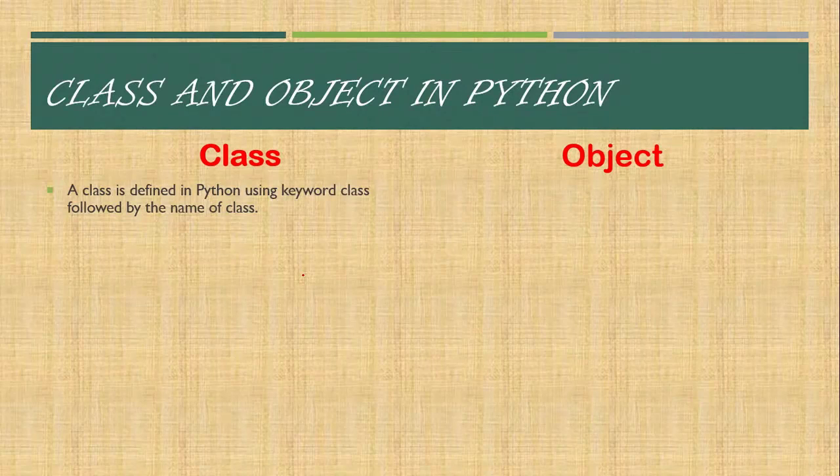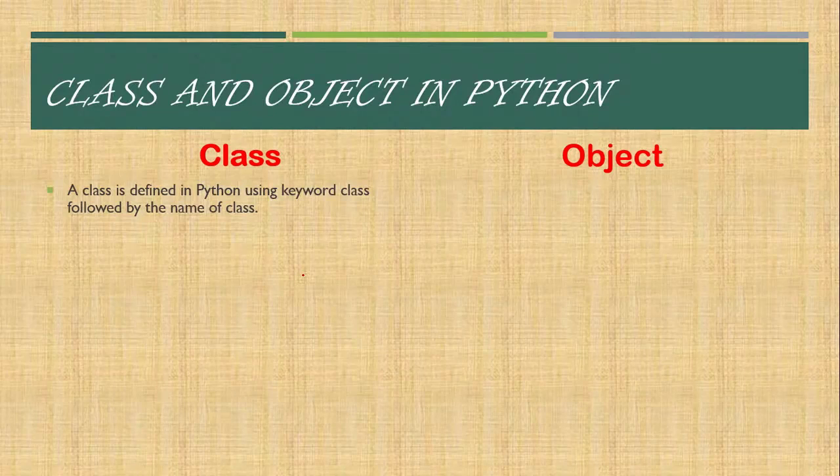This way we can use this concept in any object oriented programming language. Because Python is also an object oriented programming language, the same concept of class and object is used in Python as well.